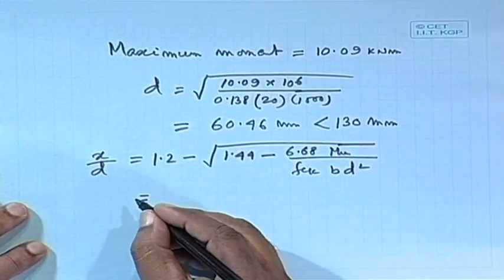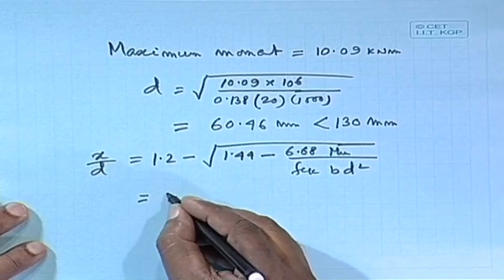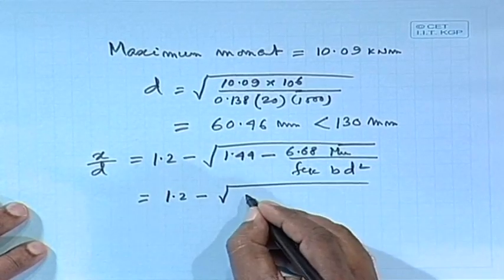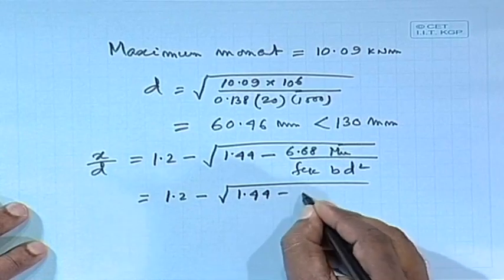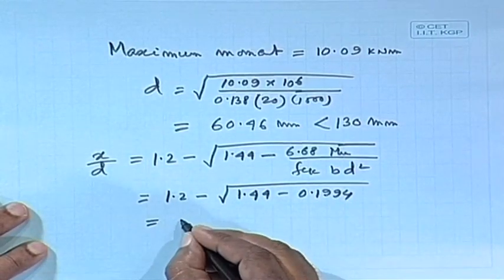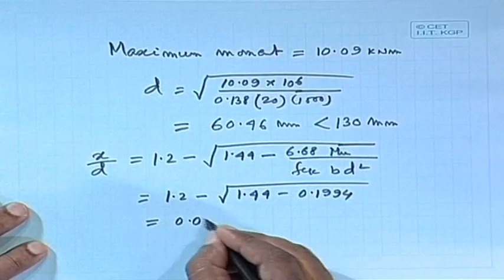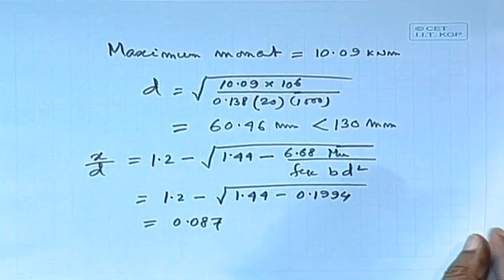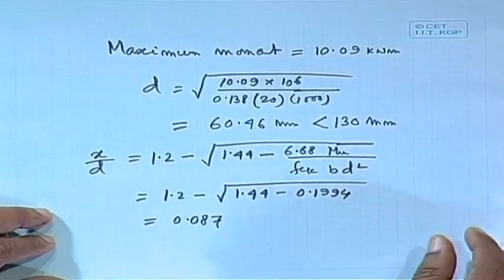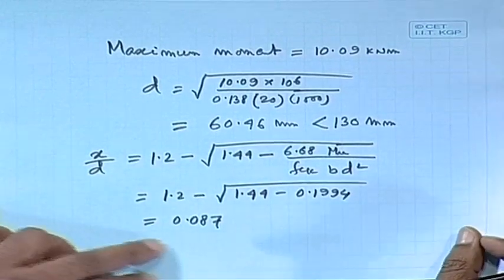I am not going in detail, which comes as 1.2 minus root over 1.44 minus 0.1994 equals 0.087. We are going a little fast, anyway x by d equal to 0.087. Okay. So, you check these values.